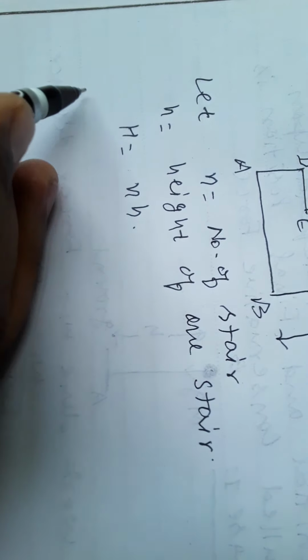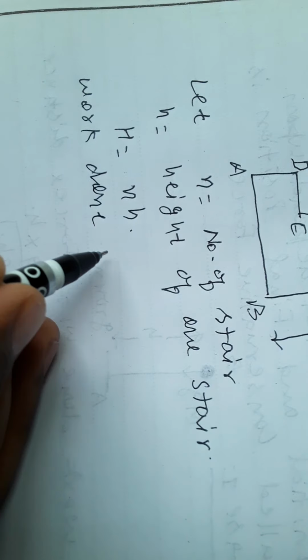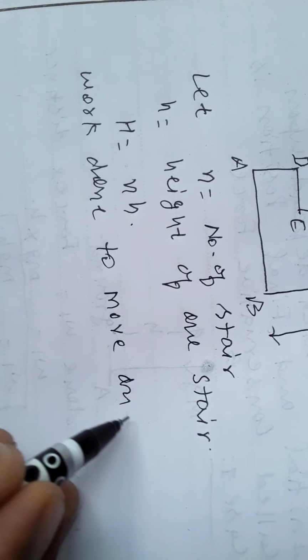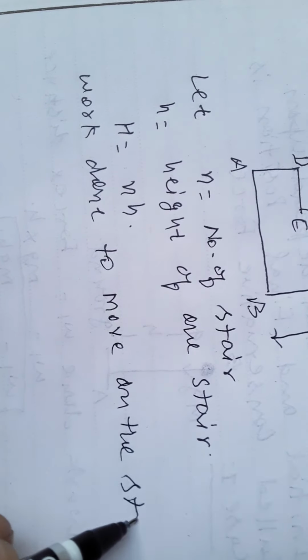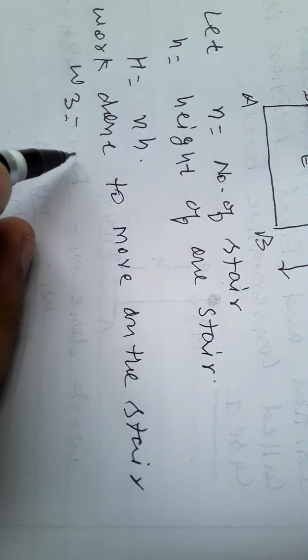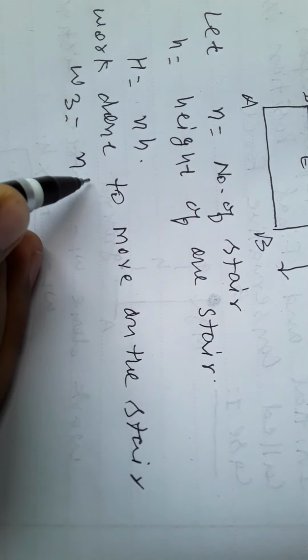Now, work done to move on the stair, W3 is equal to total stairs n into the work on one stair.